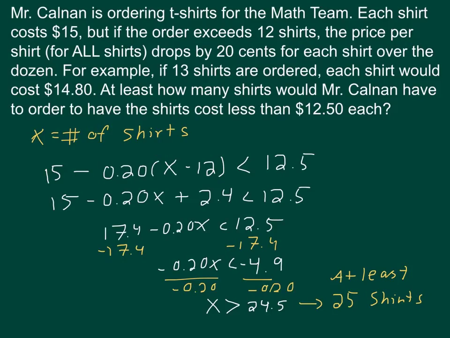So there's certainly going to be some limitation on this, and that's something to keep in mind, that we have to be realistic. But in this case, it seems like 25 shirts is a reasonable answer, so we're still in good shape. All right, so this is a little introduction. Hope that makes sense, and that now we're ready to do a little bit more in class.